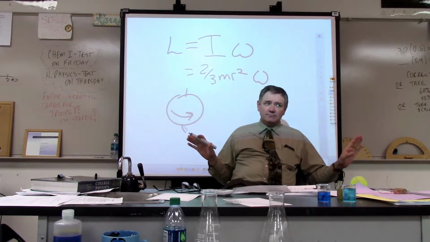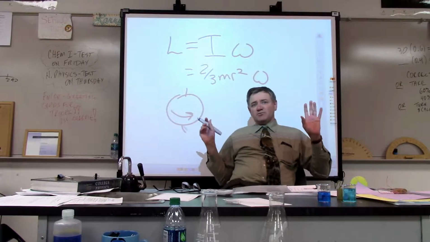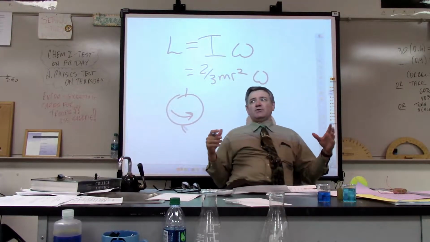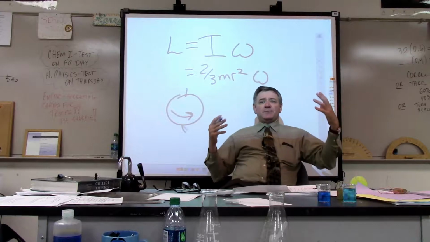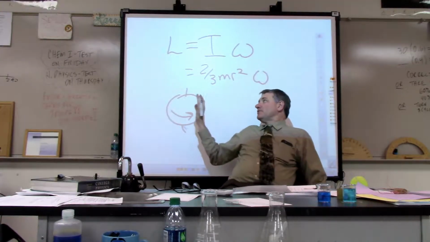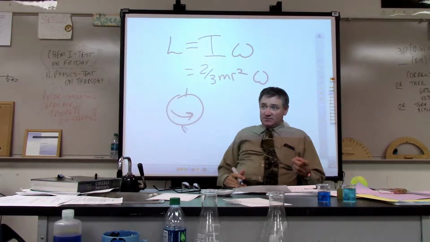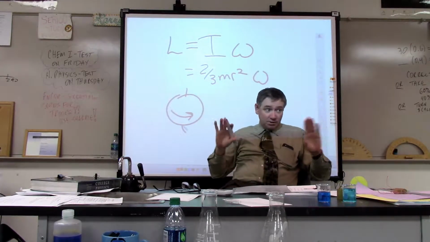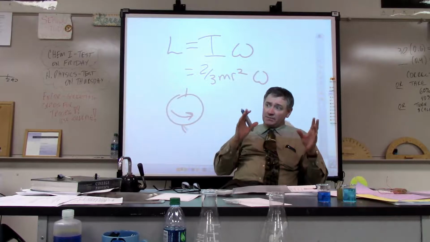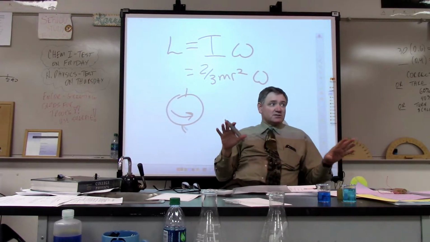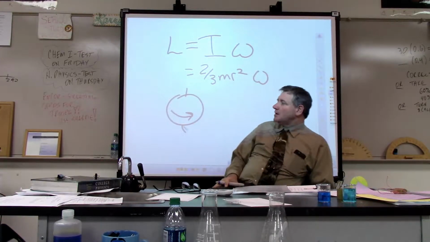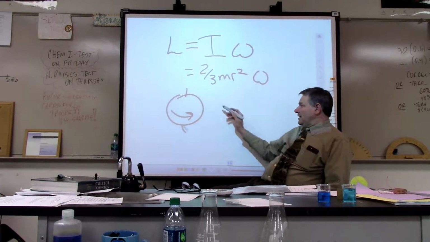So unless we apply a large outside torque to either make it speed up or make it slow down, that value of L that you get is not going to change. Angular momentum has to be conserved. No variations on the theme.